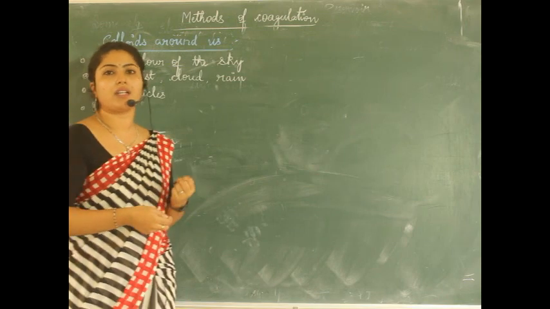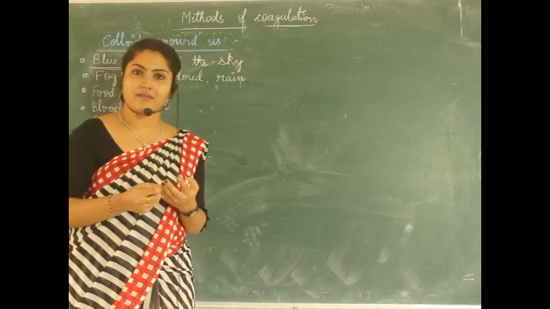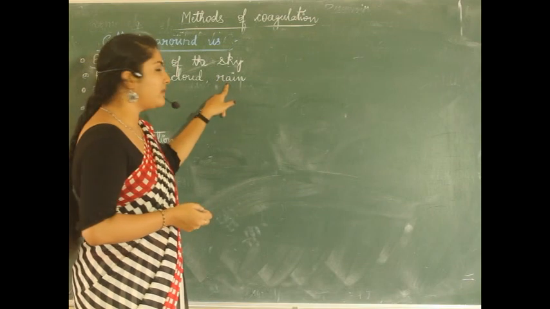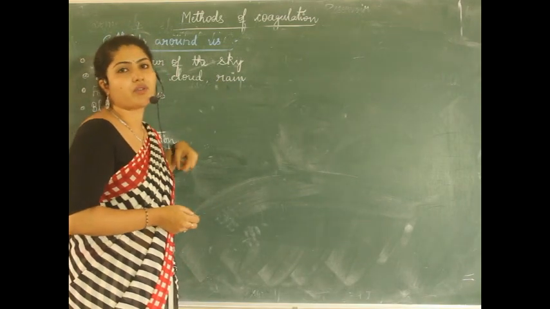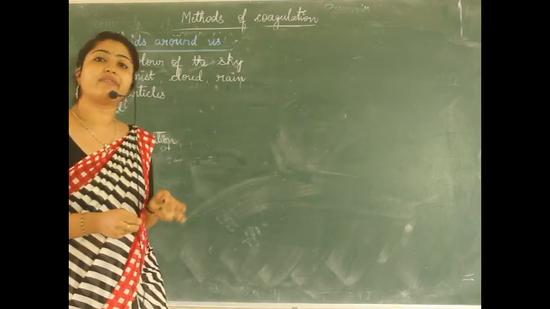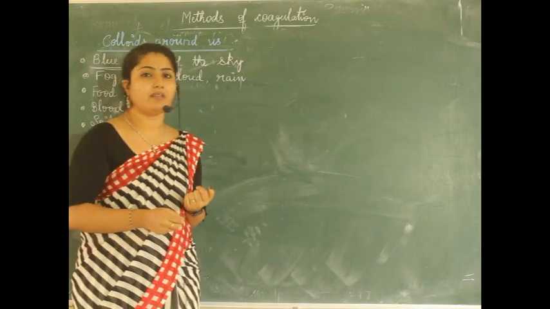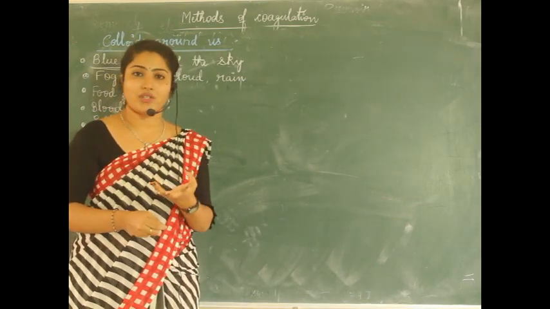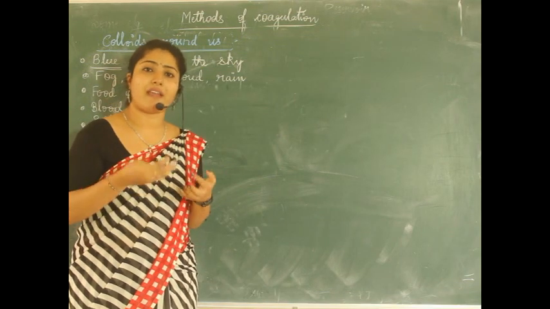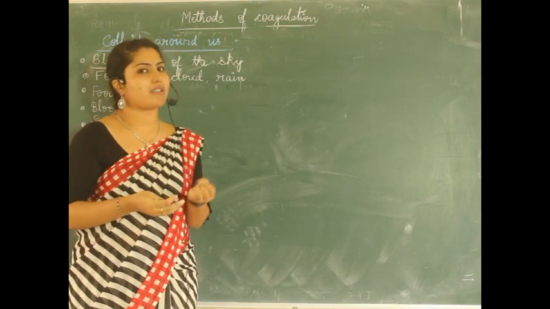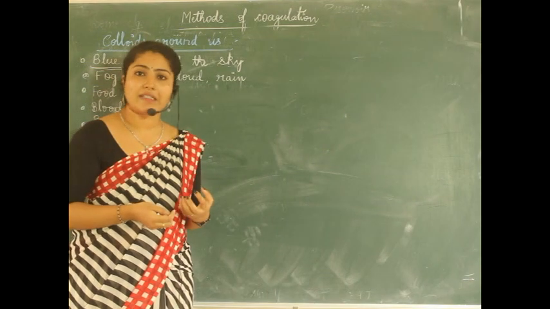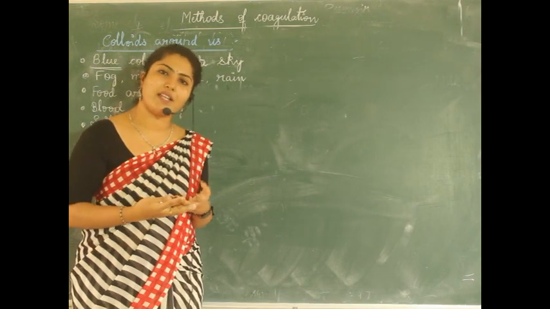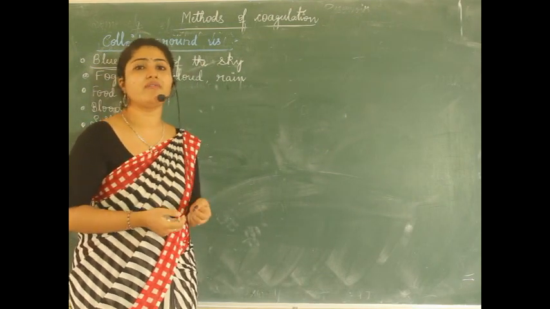The clouds condense and then get converted in the form of rain. We can see the rainfall where the colloidal particles undergo coagulation, where the size grows heavier and heavier, and finally it starts precipitating. When it starts precipitating, the size is very heavy now, and so it falls down in the form of rain.